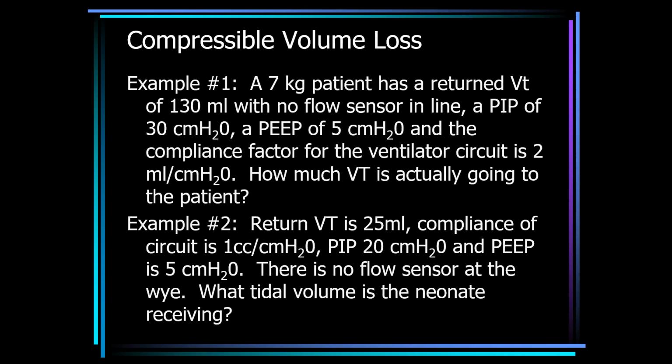Peak was 5. Circuit compliance is 1 cc per centimeter of water. So 15. So I did the delta P times the circuit compliance and I got 15 mL. So 15 mL stays in the circuit.